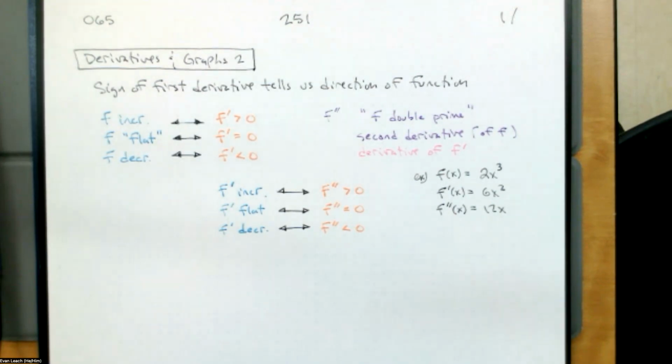Whatever the first derivative is telling us about the function, the second derivative is telling us about the first derivative. The first derivative is the instantaneous rate of change of the function. So the second derivative is the instantaneous rate of change of the first derivative.